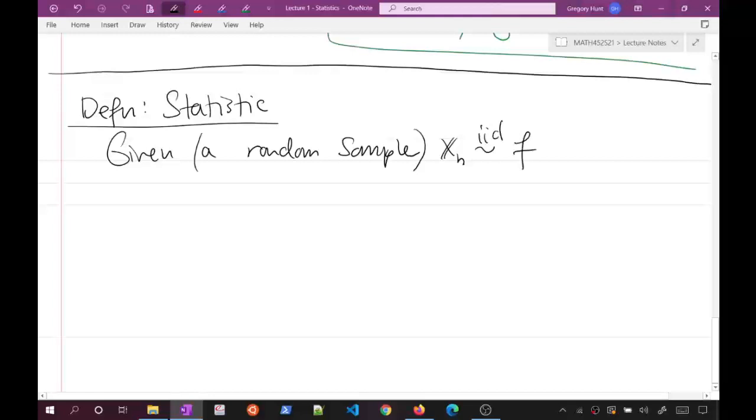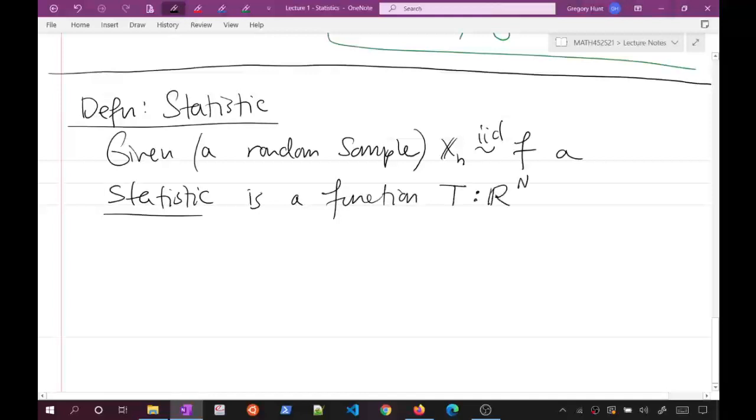That is, they are a random sample. A statistic is a function t, and t is going to take in real numbers in R^n and spit out real numbers in some other space, R^d. So here again, n is my sample size.